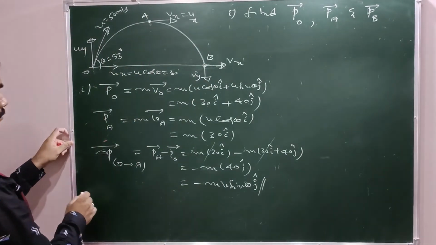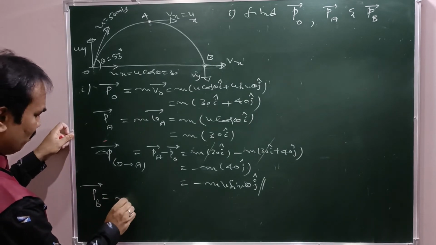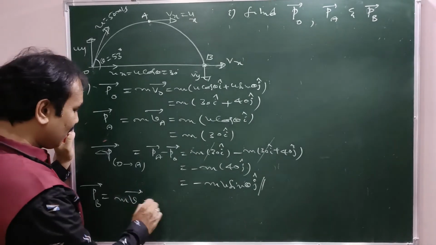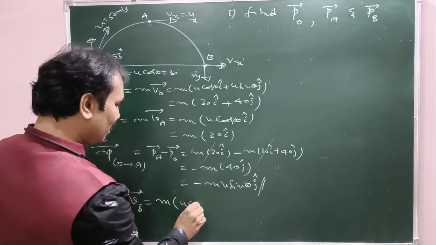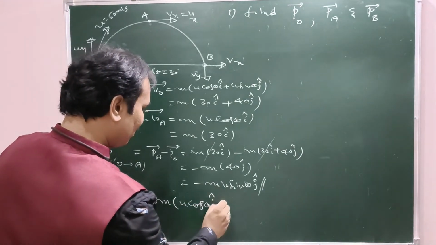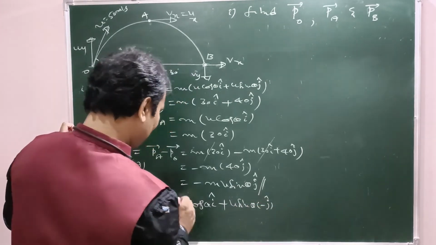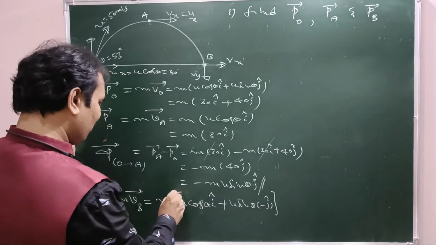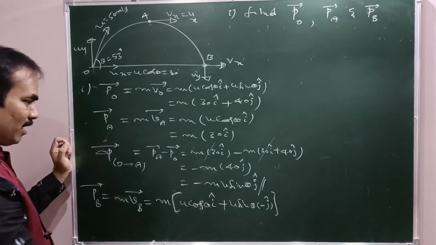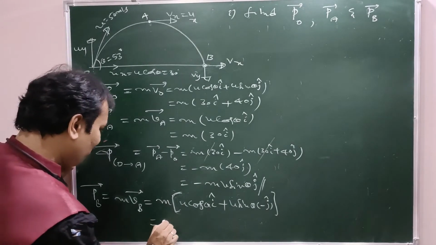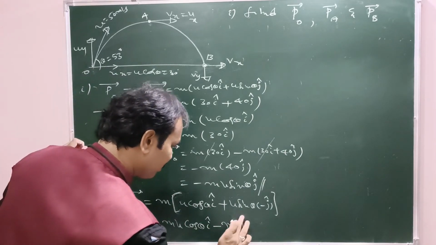So momentum at B, P_B bar equals M into V_B bar, that is M into Vx into I plus Vy into minus J. Vx means U cos theta into I, and Vy means Uy, that is U sin theta into minus J. So this is the momentum, mass into velocity vector, at B: M U cos theta I cap minus M U sin theta J cap.